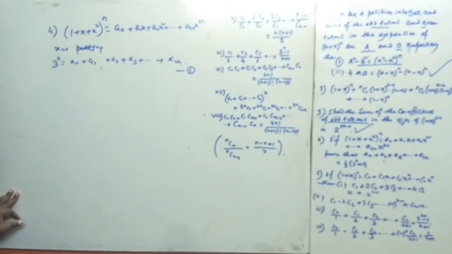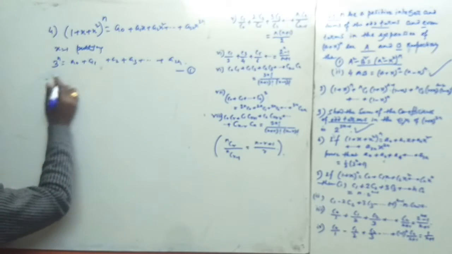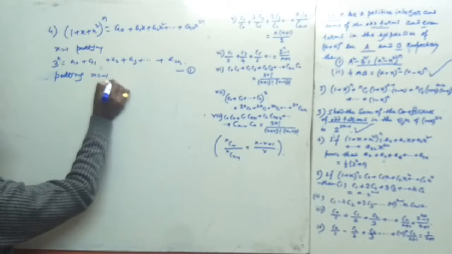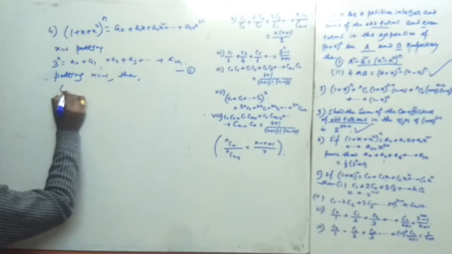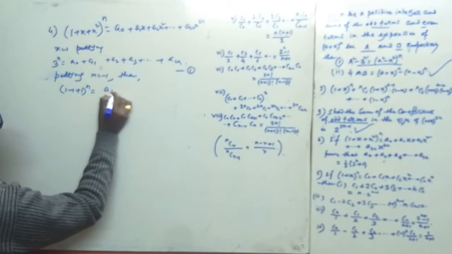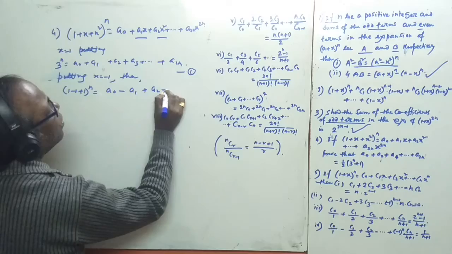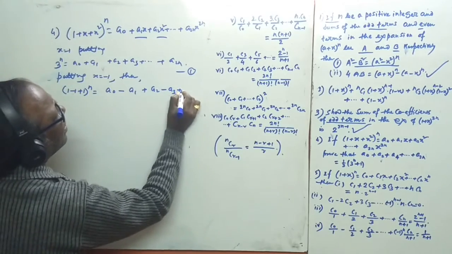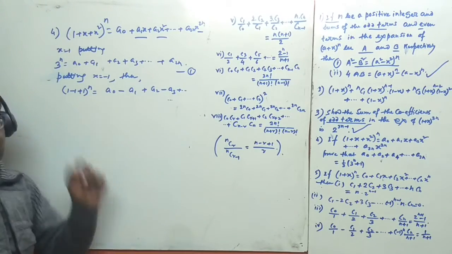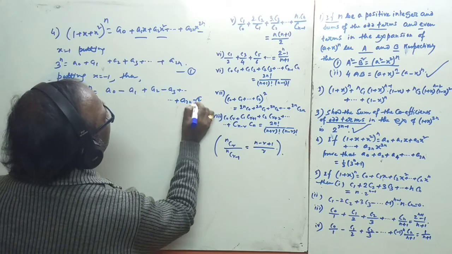Again putting x equal to minus 1, then this is (1 minus 1 plus 1) to the power n, a0, this is minus a1, this is plus a2, next is minus a3, like that. So if you put minus 1, this is even power, so that is plus, and plus a suffix 2n here, number 2.